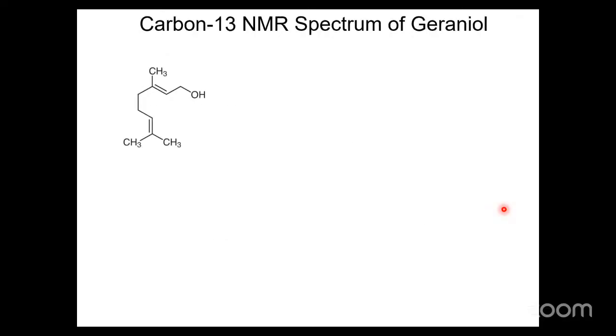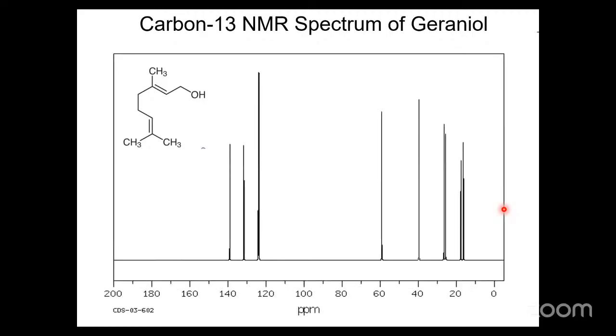Okay, the last molecule is gyrenol. Let us see whether all these carbons are different or not. Count the number of carbons: 1, 2, 3, 4, 5, 6, 7, 8, 9, 10. 10 carbons are there. Let us count over here: 1, 2, 3, 4, 5, 6, 7, 8, 9.